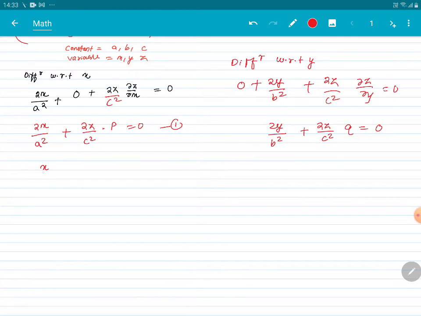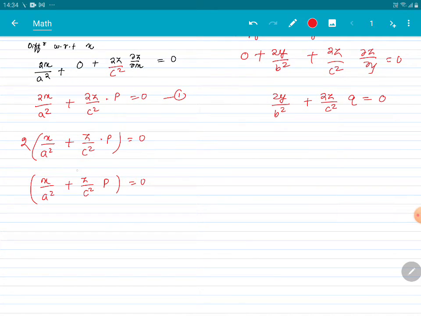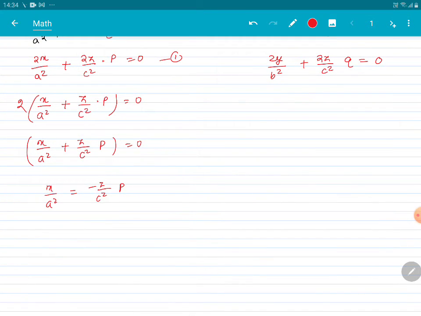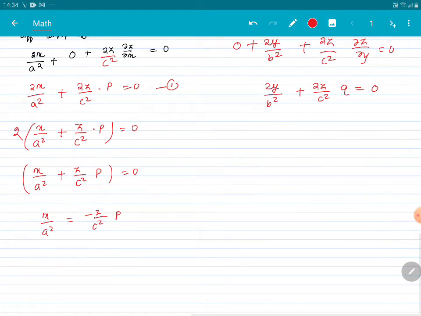Now x by a square plus z by c square into p is equal to 0. 2 sent to that side, 0 by 2, that is 0. Now x by a square is equal to minus z by c square p.